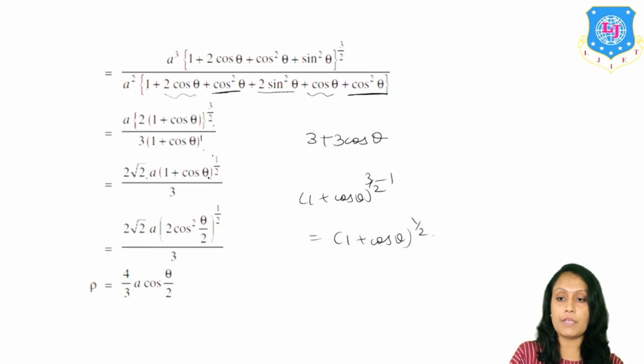So this is (1 plus cos theta) whole raised to 1 by 2 upon 3. Now over here we'll apply the formula of 1 plus cos theta, that is 2 cos square theta by 2. On simplification here we have root 2, and with this root 2 it will become 2, and 2 into 2 is 4 upon 3. This a as it is, and here we have cos theta by 2.